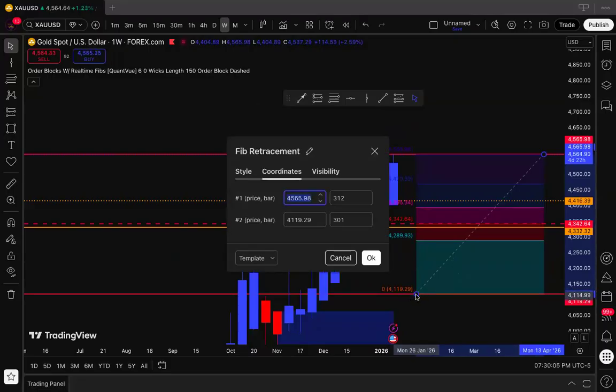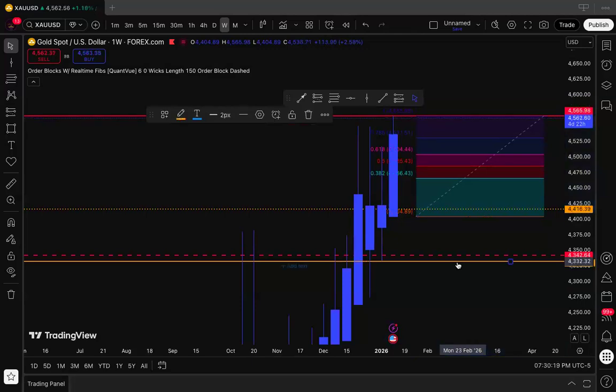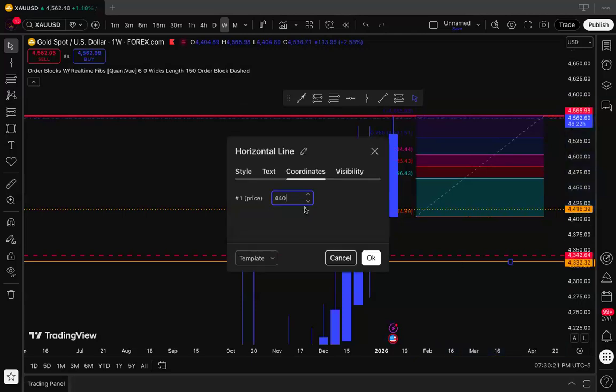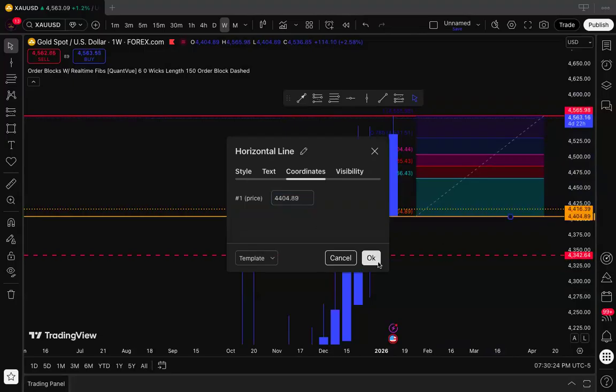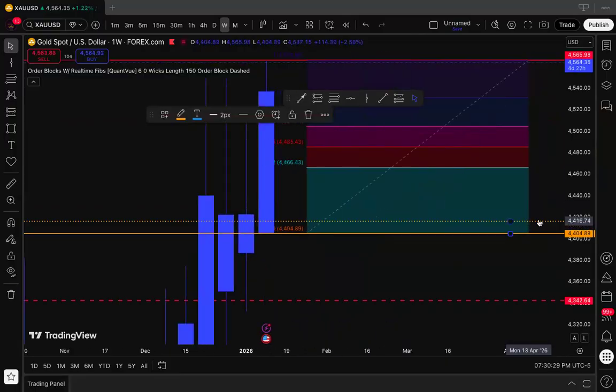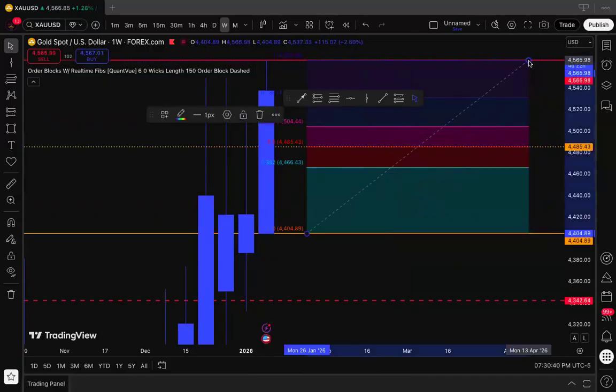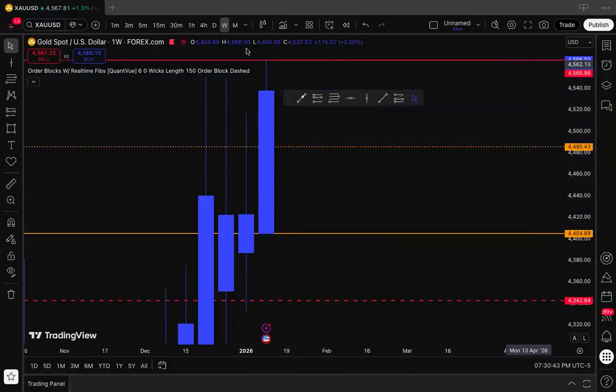And the weekly low is 44.04.89, giving us a midweek level of support of 44.85.43. It looks like it's already making new highs.